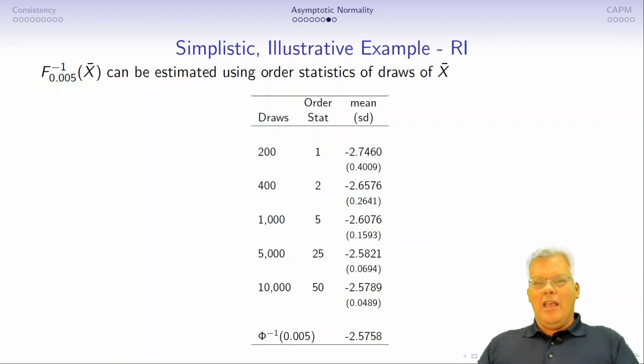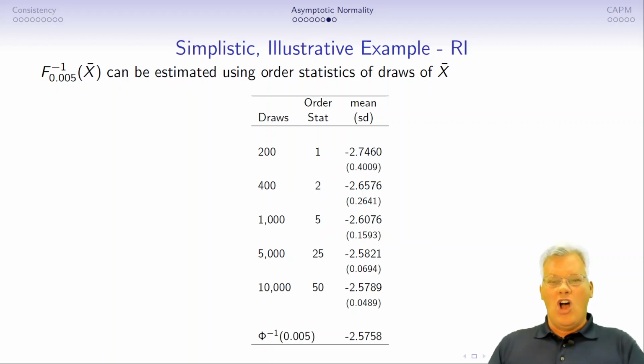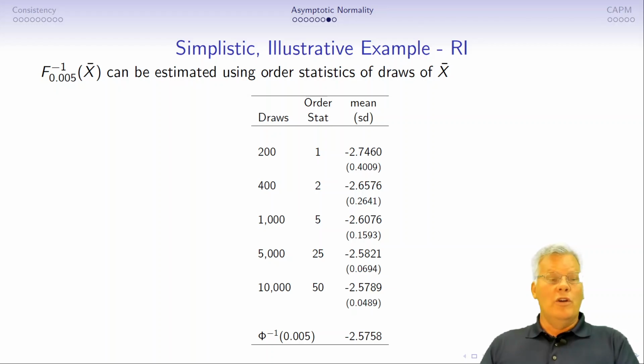So the mean and the standard deviation of the first order statistic with 200 draws is given here in the right column. So what you see then is if I have 200 draws and take just the first one, my estimate of the largest value that gives me a 3-star significant result is going to be too small by a fair bit, and it's somewhat noisy.